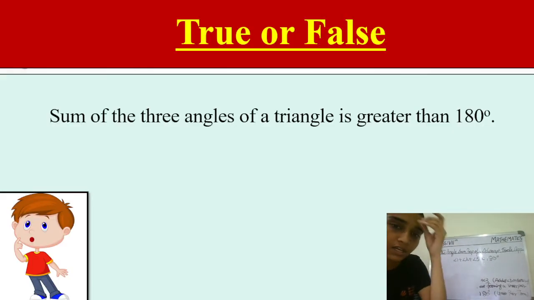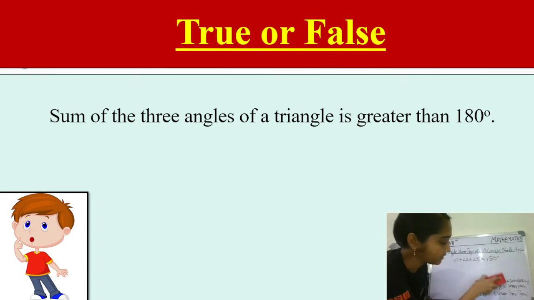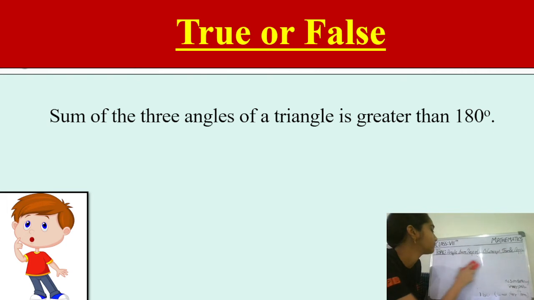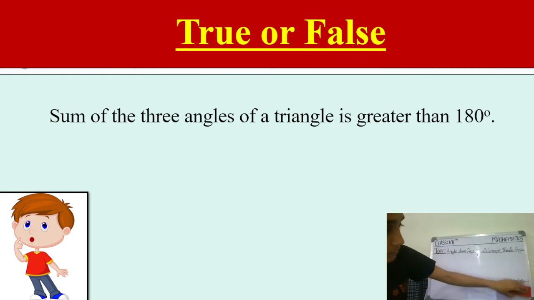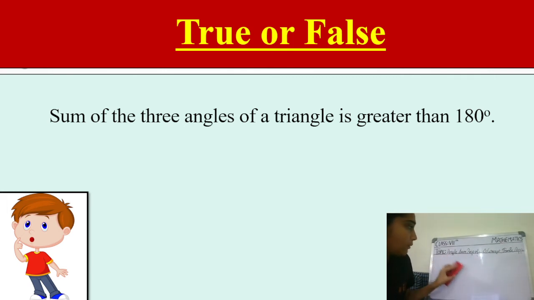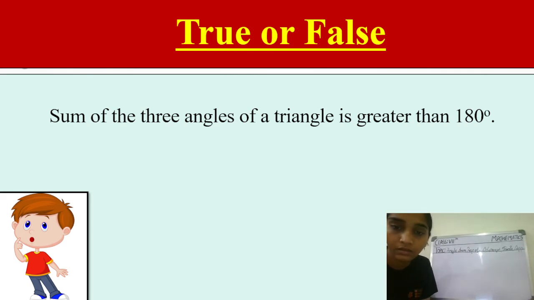Now students, it's your time to answer this as true or false: the sum of the three angles of a triangle is greater than 180 degrees. What is your take on this statement? You can write your answers as true or false in the comment section. Very good, students.